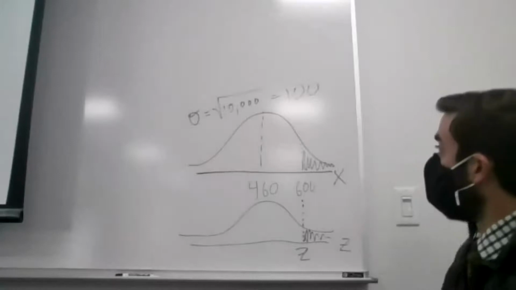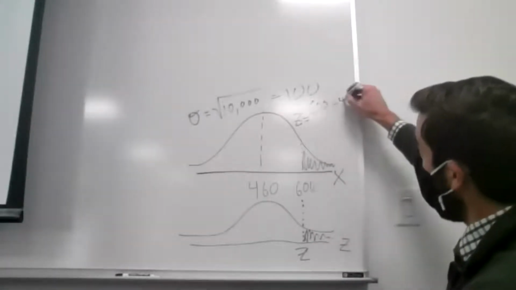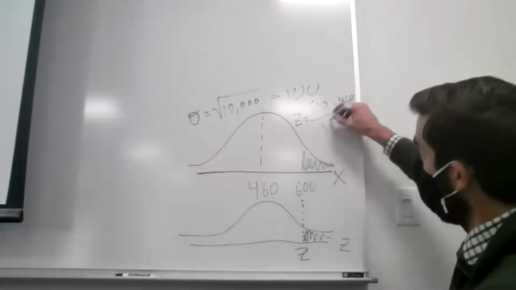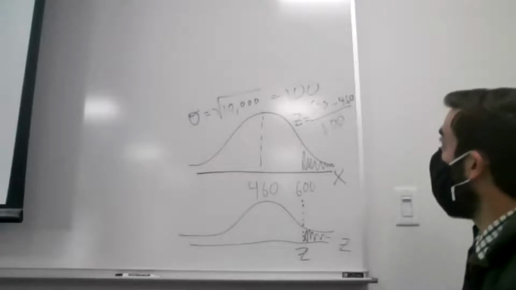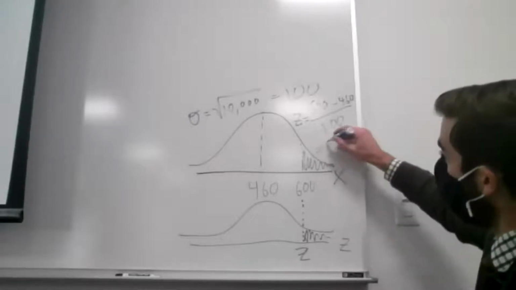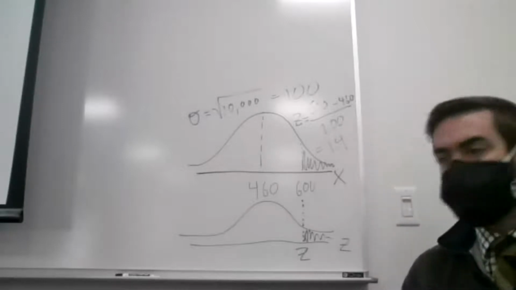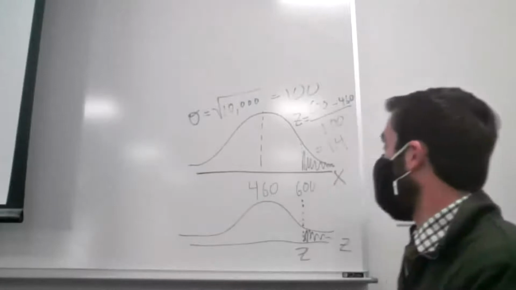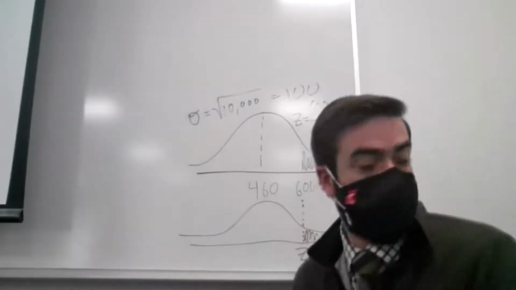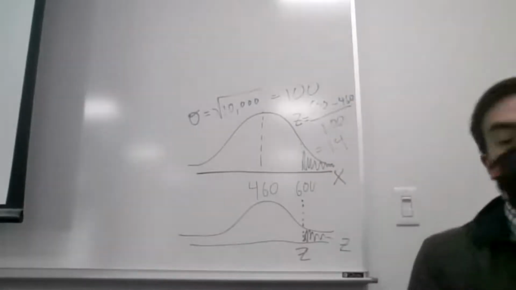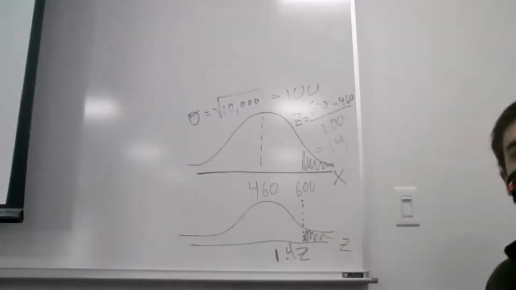We then plug in the cutoff value that we're interested in, which was 600, minus that mean of 460, and then we divide by that standard deviation of 100. If we do that, I think we should get 1.4. So here we've got a z value of 1.4.